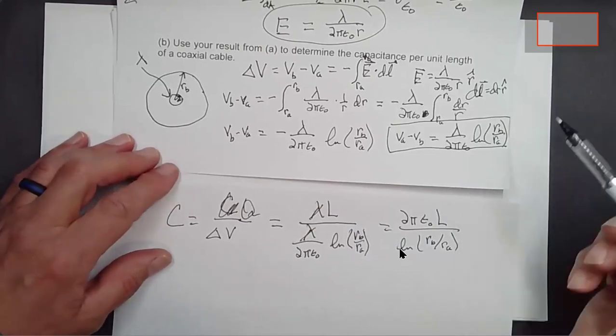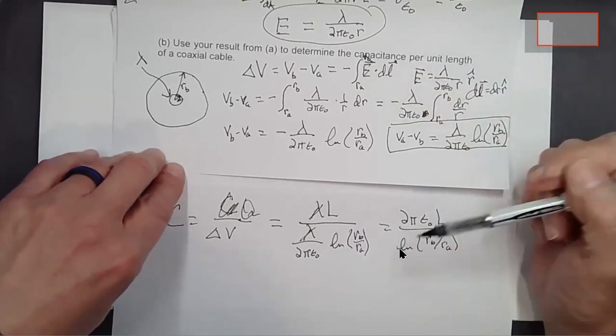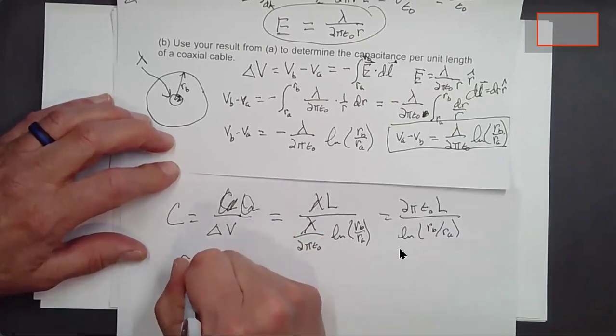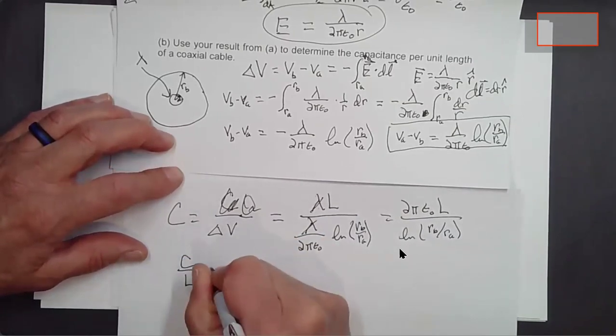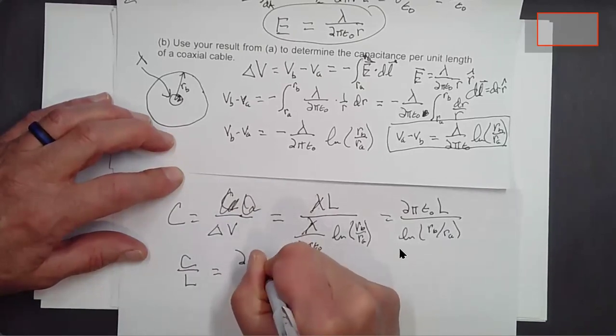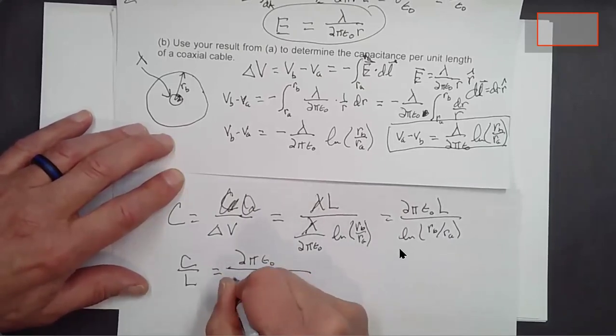It actually asks for the capacitance per unit length, so I just divide by L. And capacitance per unit length of a coaxial cable is going to be 2 pi epsilon naught divided by that natural log.